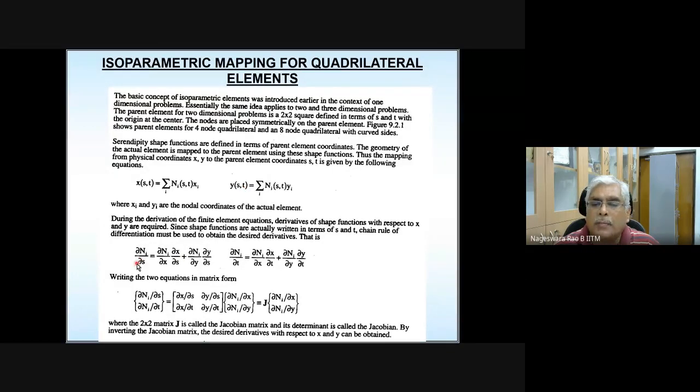So here we are taking the partial derivative with respect to s. So the chain rule goes like this: partial derivative of shape function with respect to x times partial derivative of x with respect to s, plus partial derivative of shape function with respect to y times partial derivative of y with respect to s. So please take a note of these two equations.